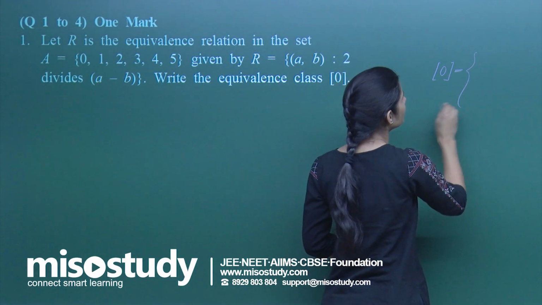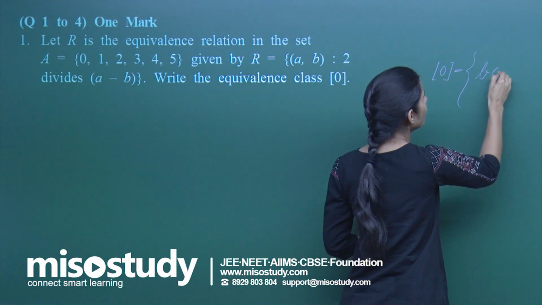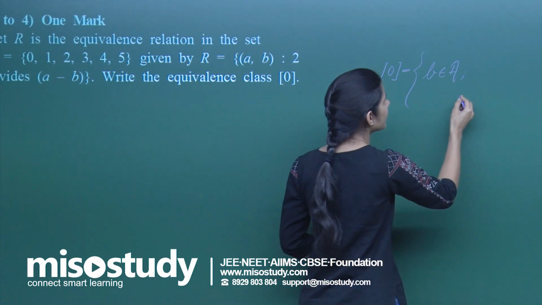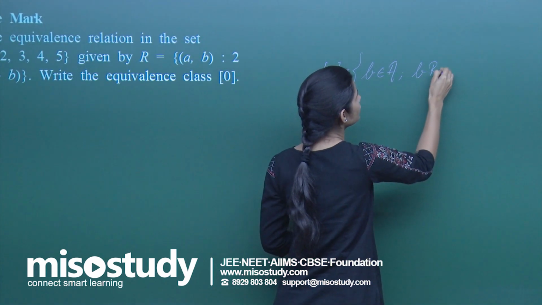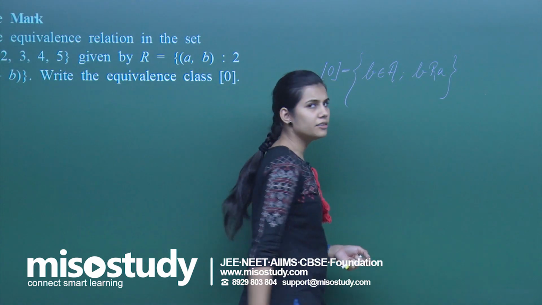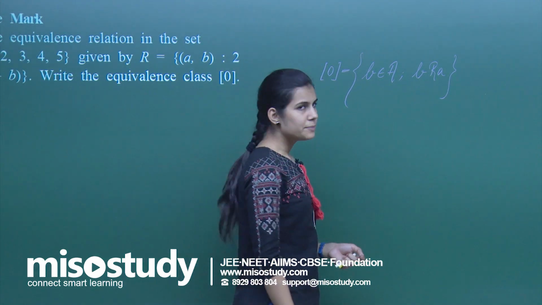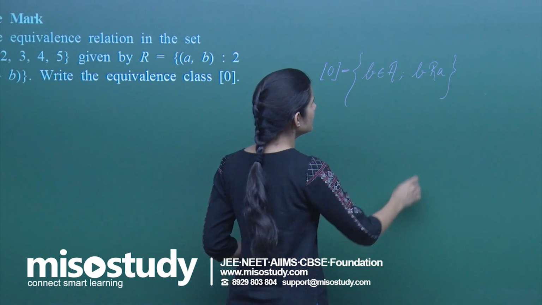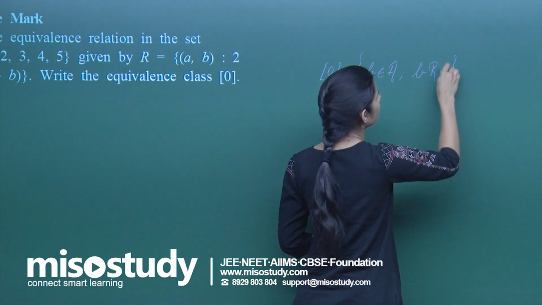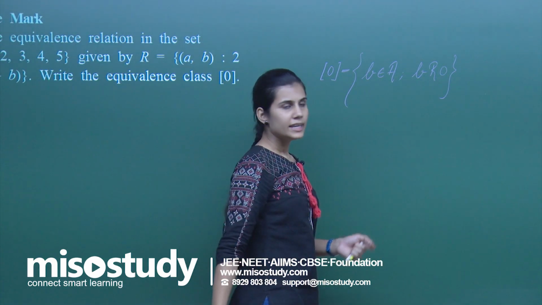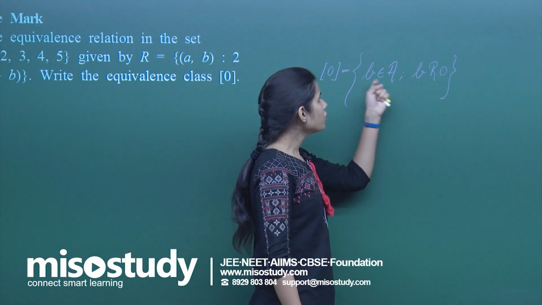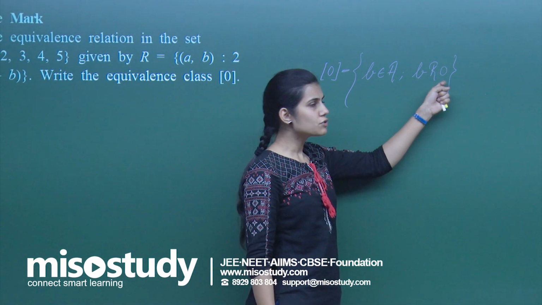The equivalence class of 0 is the collection of all those elements belonging to set A which are related to 0 under the relation R. Which elements in set A are related to 0? The equivalence class of a is all those b belonging to A which are related to small a.